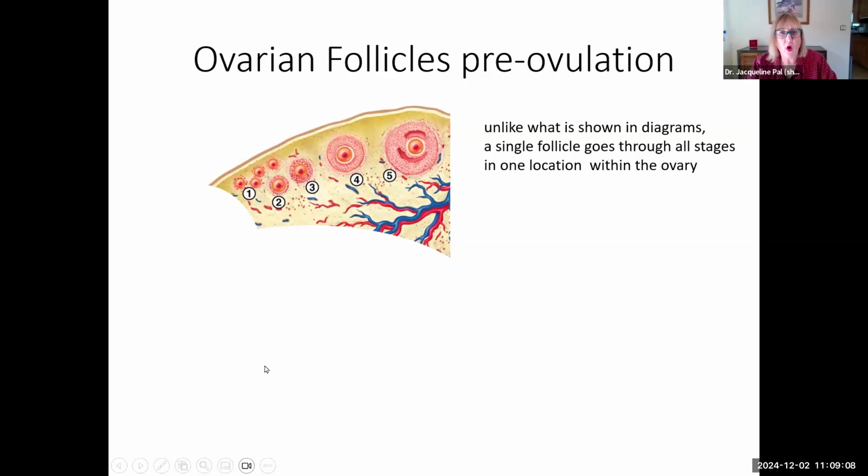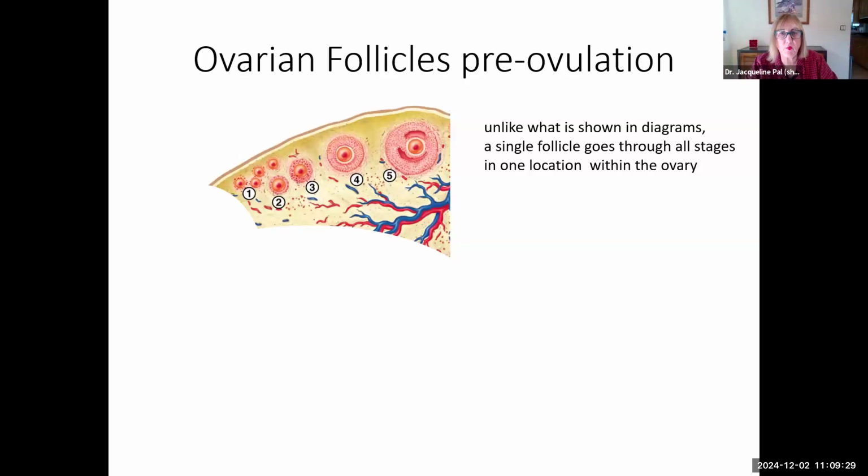So unlike what is shown in drawings, which show a small follicle that usually goes in a clockwise direction, with one follicle going around in a circle through the stages, and you think that's what's happening in one month.